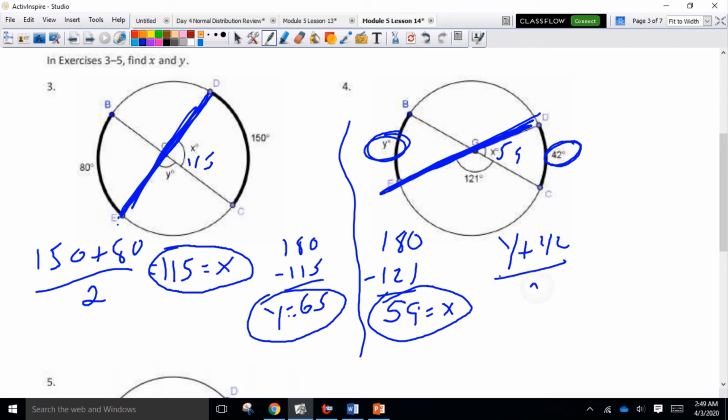Okay, so we're going to use our formula here, the two arcs, add them up, divide by 2, and you get the angle. So we have to solve that equation now. So I would multiply by 2. So y plus 42 is 118. And then subtract 42, and we get 76 for y.